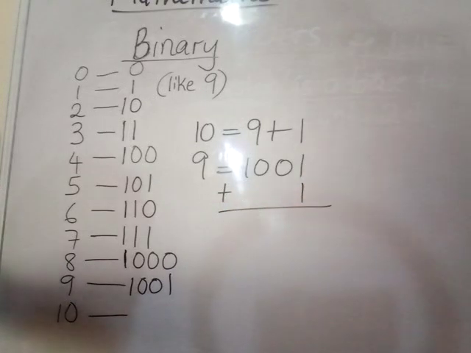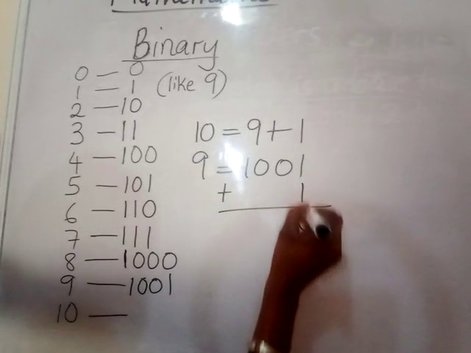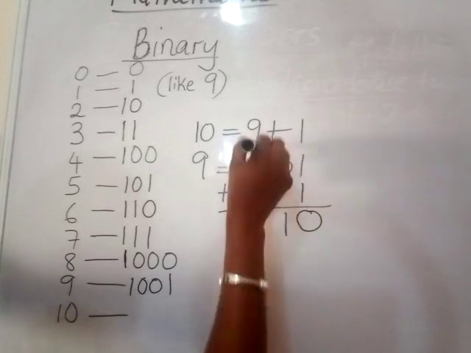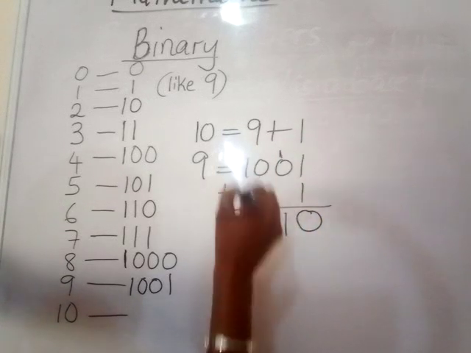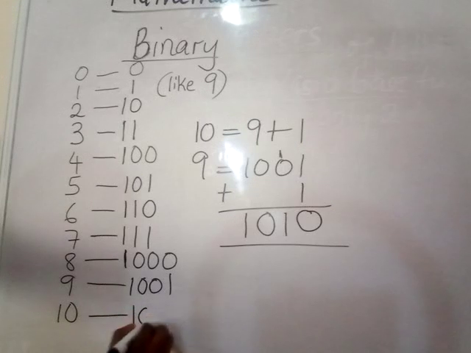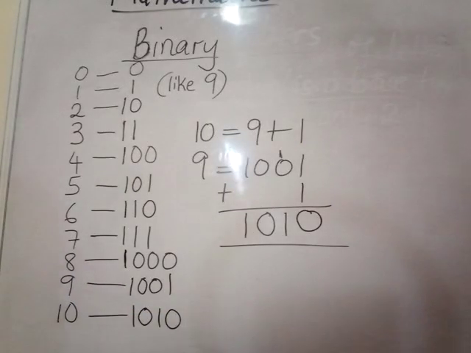We don't have 2 in the binary system, so we reset to 0 and bring the 1 here. 1 plus 0 is what? 1. 0 plus 0, 0. 1 plus nothing, 1. So we have 1, 0, 1, 0. So the number 10 in the binary system is 1, 0, 1, 0. Wow. Interesting, isn't it? It's interesting and it's simple.